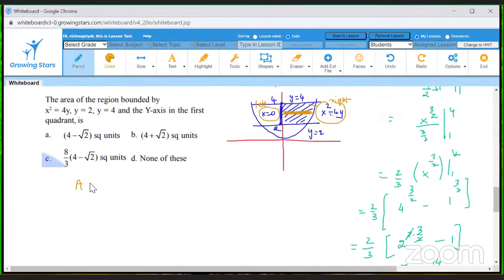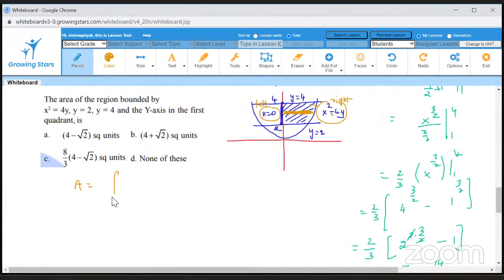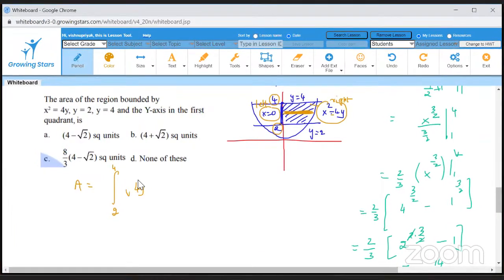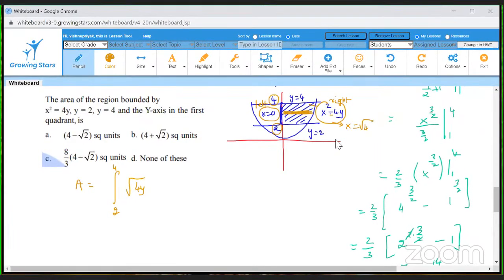So when you find the area, you will take the integral. The shaded area is taken from 2 to 4. Then you will take the right, 4y under square root, because x is square root of 4y. Right minus left.